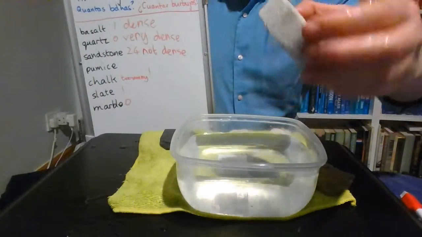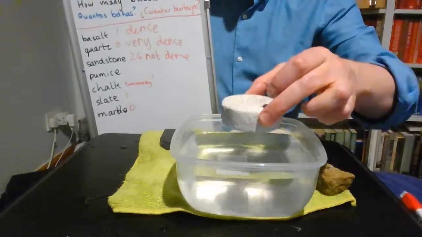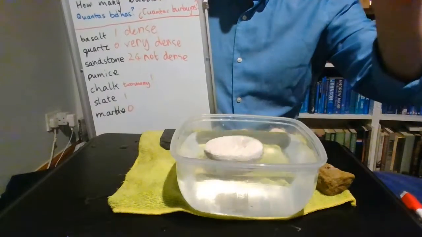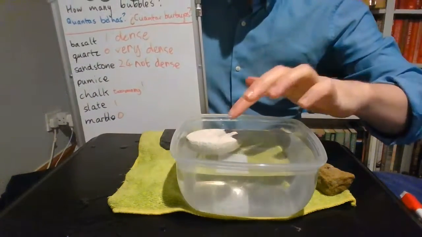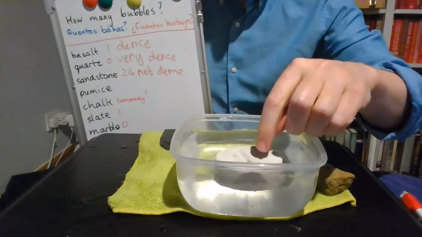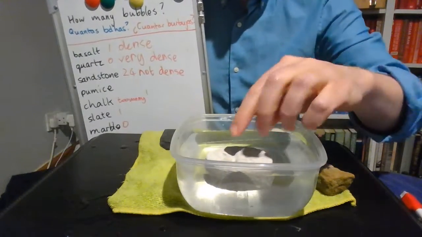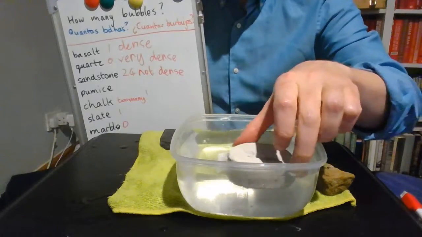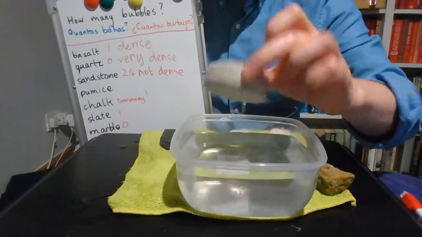The rock in the water. Okay, so if I put the pumice in the water, this happens. It is the world's only floating rock. And I think we know exactly what to say about that. There's lots of air bubbles coming out of it, but it's so full of air bubbles.